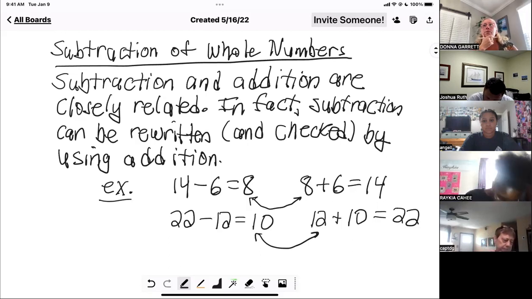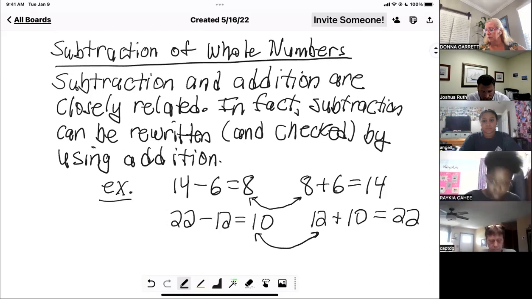So when you do subtraction, because subtraction is a little trickier than addition, because we're going to have to borrow, and we'll talk about that in a second, I always still check it by going backwards and adding them. And when we do subtraction here, I'm going to show you how to check them.